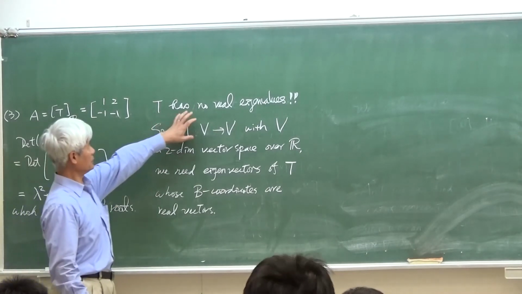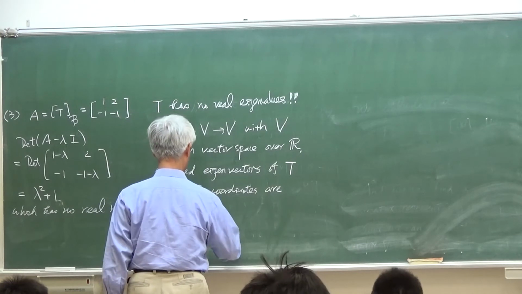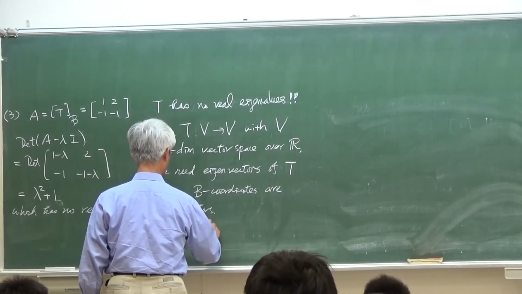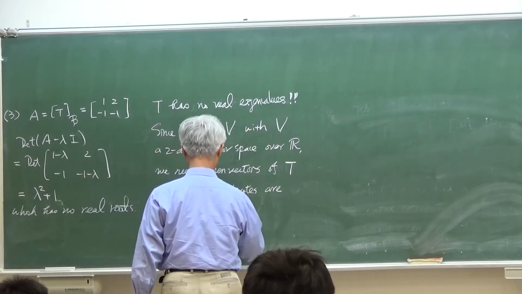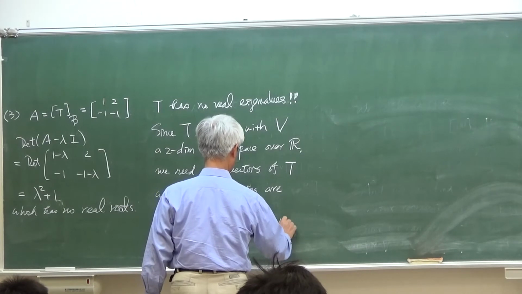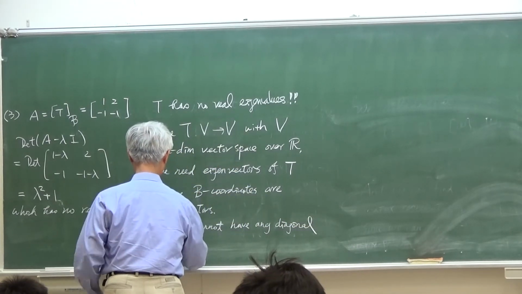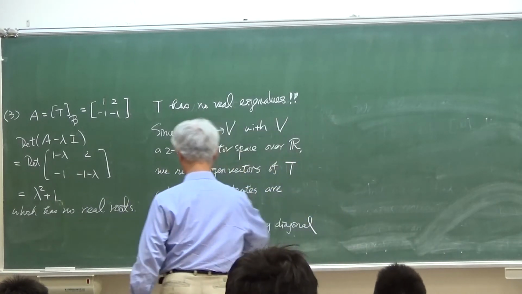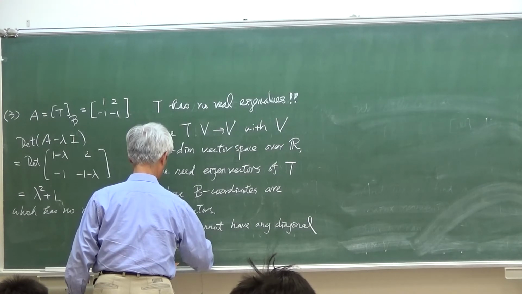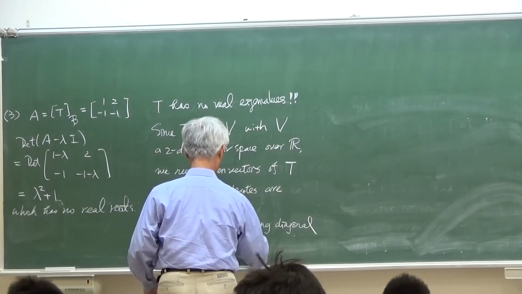But we don't even have real eigenvalues, right? So that we cannot have any diagonal real matrix representation.